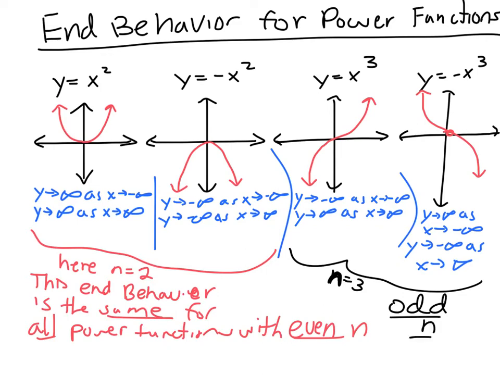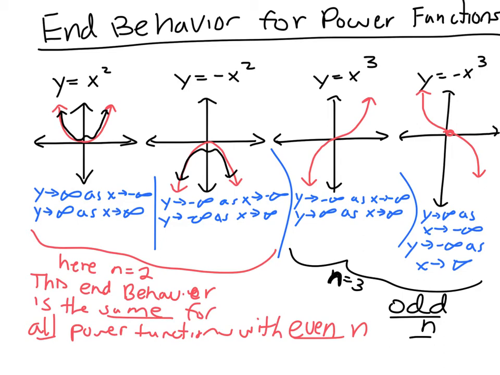All right, so other power functions like x, x to the 4th, for example, it's going to look maybe slightly different, do something else, but it still will have the same end behavior. And then if x to the negative 4th, again, it might be doing something else, but it'll have the same end behavior.